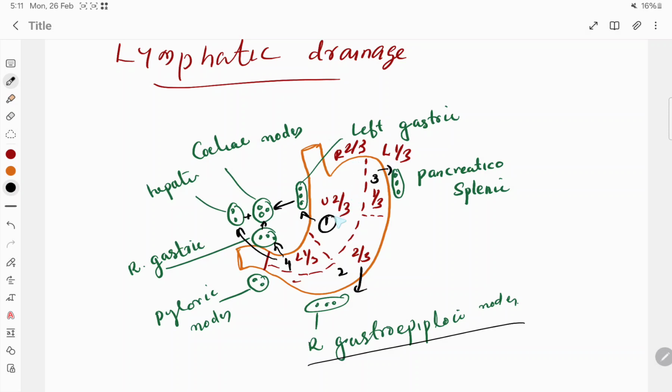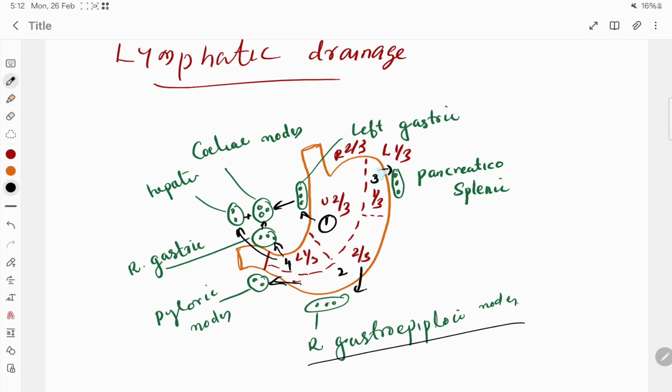Upper two-third of the right two-third, area 1, drains into the left gastric nodes. Area 2, the lower two-third of the left one-third, drains into the right gastroepiploic nodes and also to the pyloric nodes.